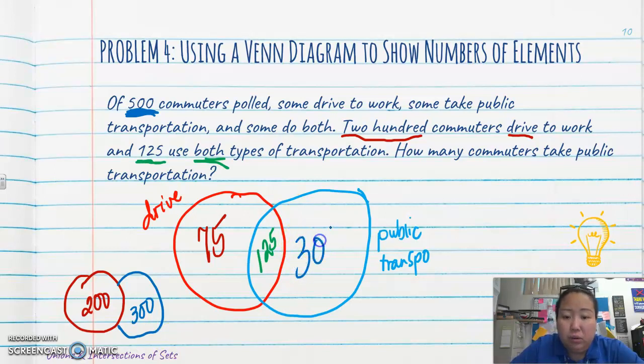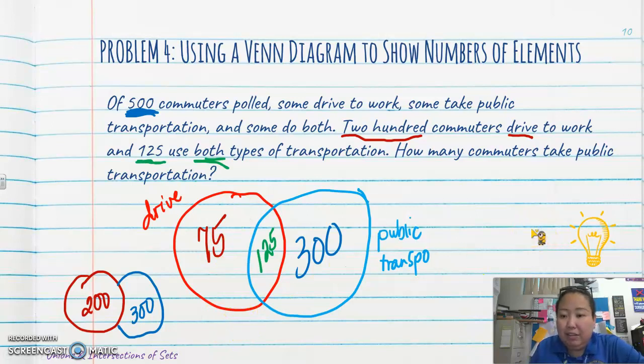And so 300 people are using public transportation based on our Venn diagram, okay? So that is how you can use analysis and make sure that you are paying attention to those details so that you can label your Venn diagram properly, okay?